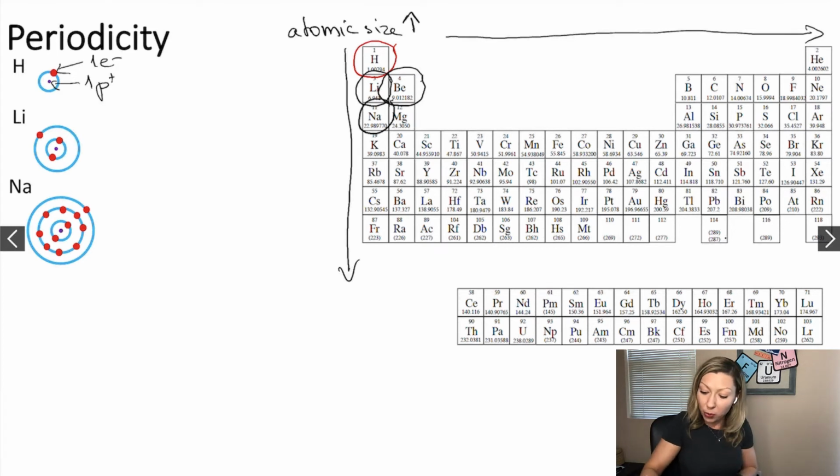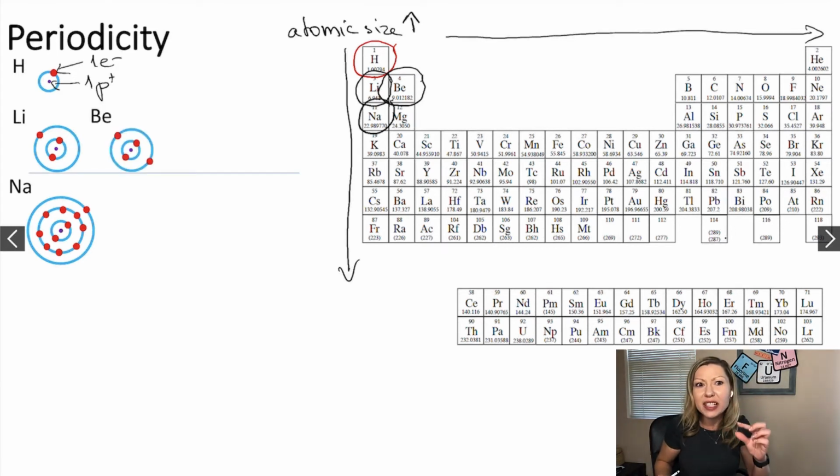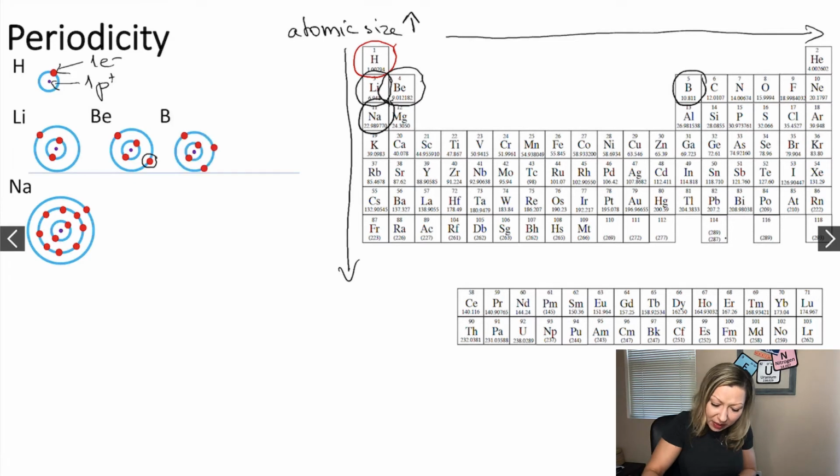Remember, we are in the same shell. It's actually going to be a little bit smaller because we not only added an extra electron right here, but we also added a proton to the nucleus. Okay, what happens when I move to boron? Will it be smaller or larger? It's again going to be smaller.